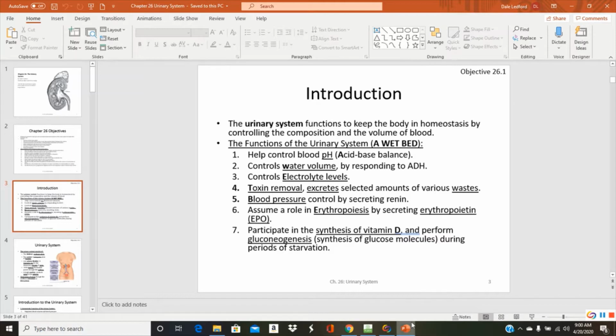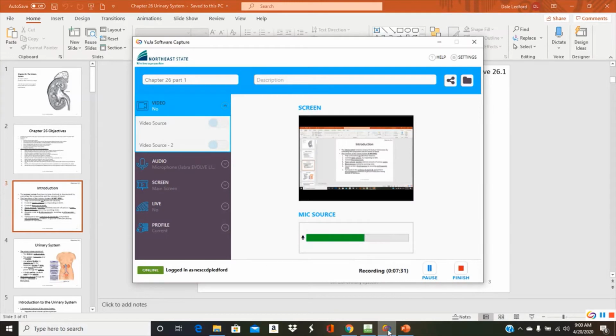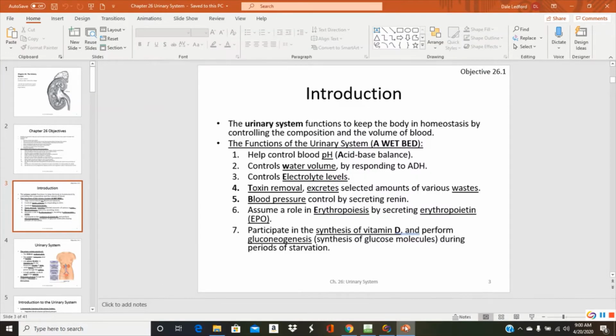And then lastly, it makes vitamin D3. So it participates in the synthesis of vitamin D3. And then also involved in gluconeogenesis, which I want to mention here, called neoglucogenesis. I do believe that's a very important thing to discuss.